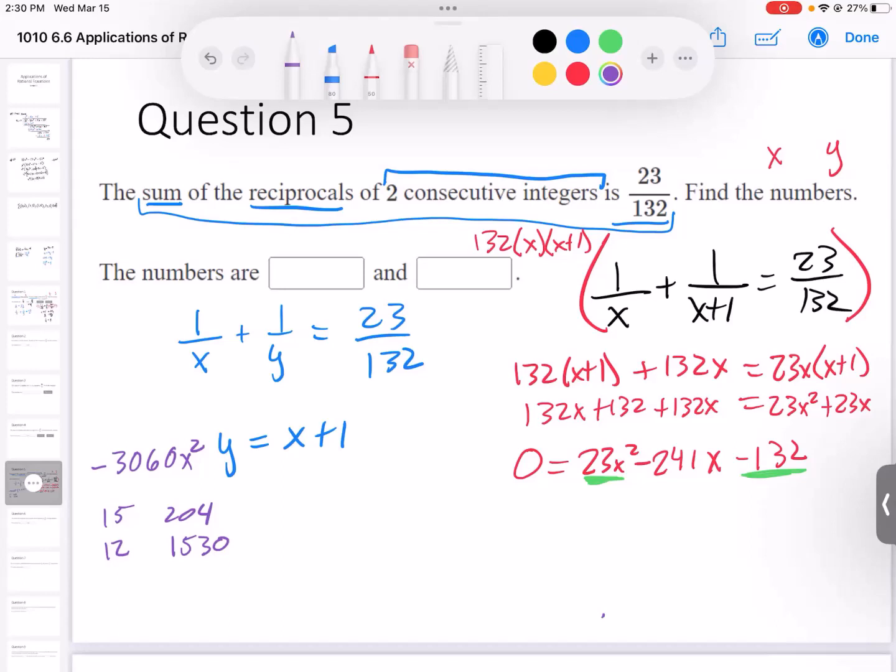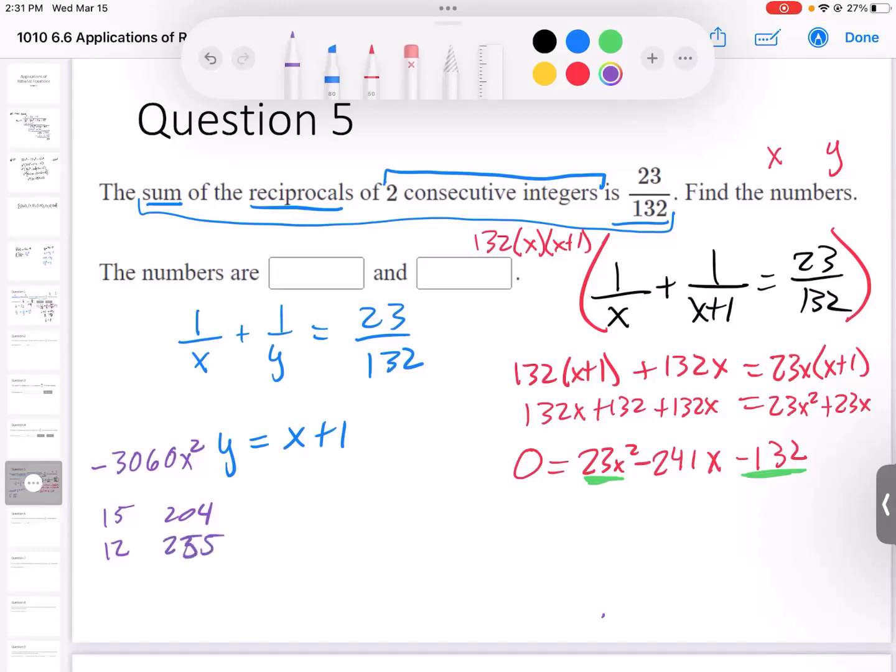What happens when you divide by 255? What's that factor pair? 12? Okay, so 12 does work because 12 times 255 would give you that.